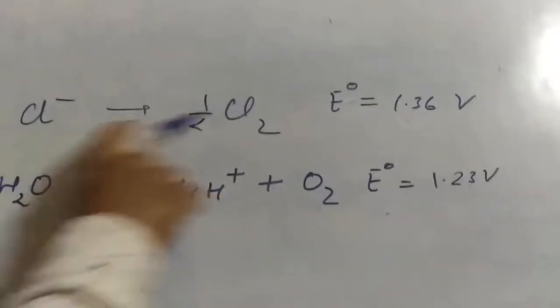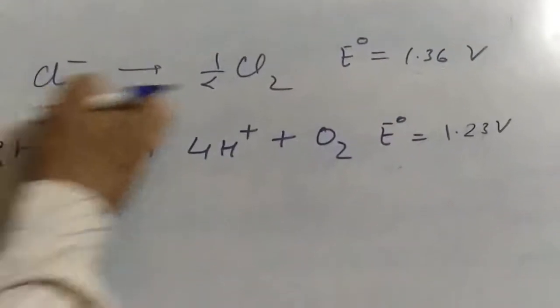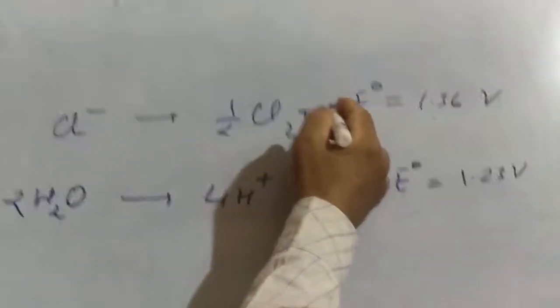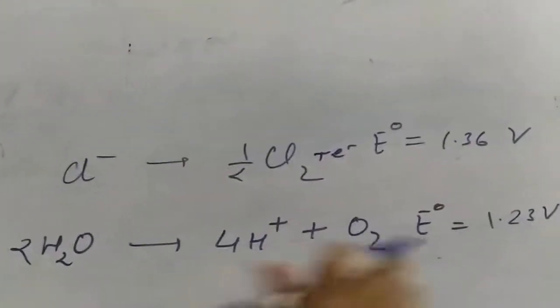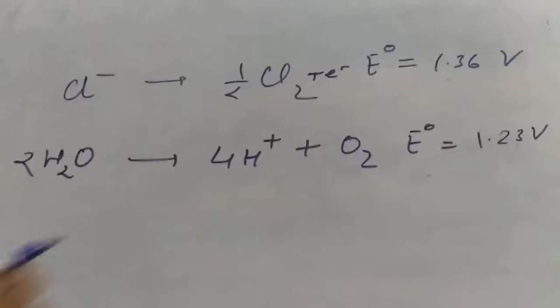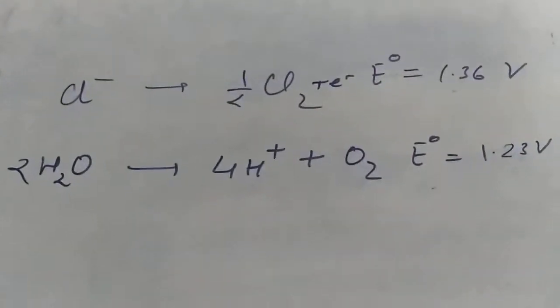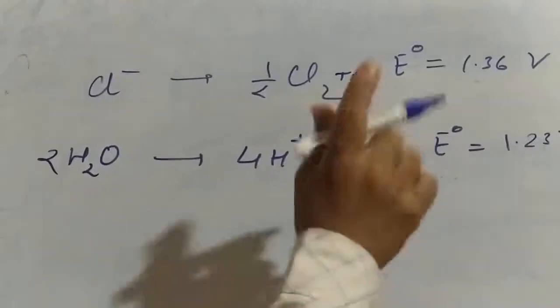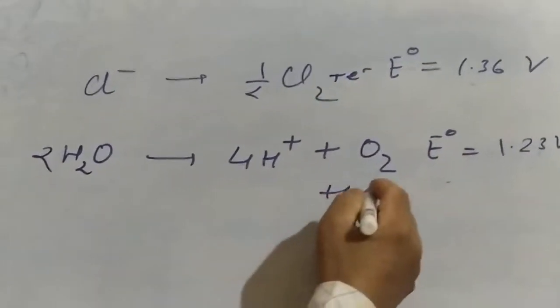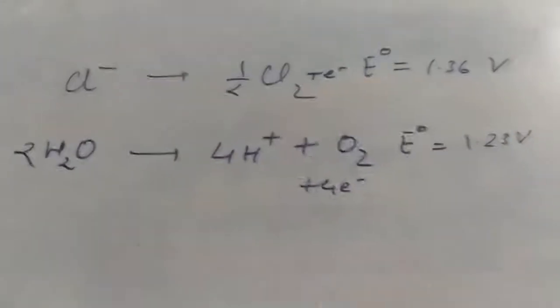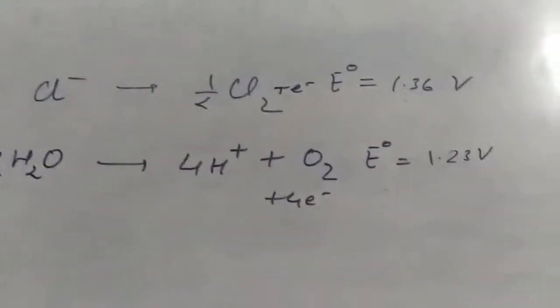Now you can see these equations. Actually in both of these places, oxidation is going to take place. At the same time water is also undergoing oxidation. But you are always provided with the reduction potentials.